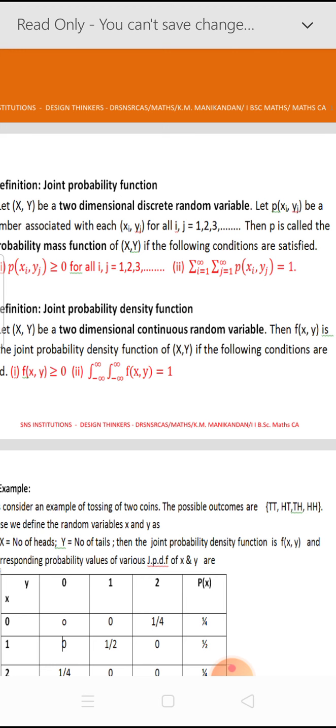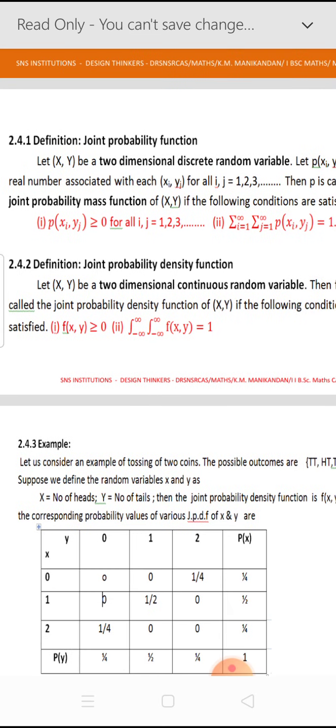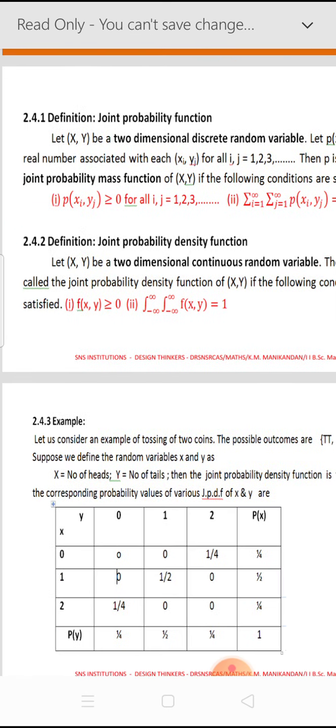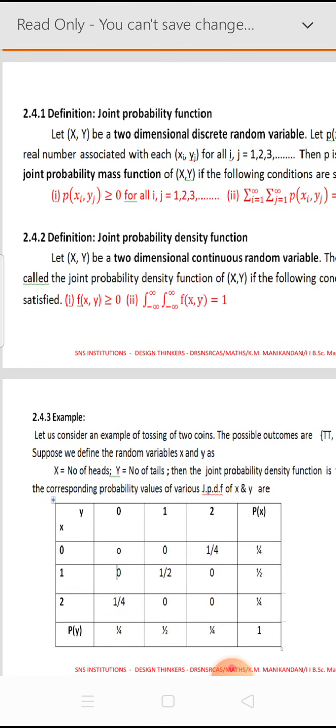So this is the definition of the joint probability function for the discrete random variable. Next, we define the joint probability density function. Let (X, Y) be a two-dimensional continuous random variable. Then f(x, y) is called the joint probability density function of (X, Y) if the following conditions are satisfied.